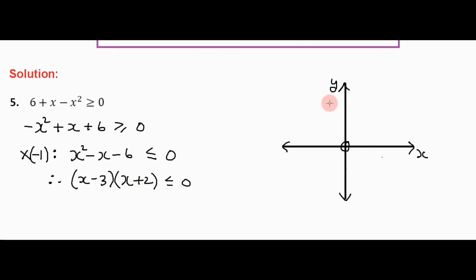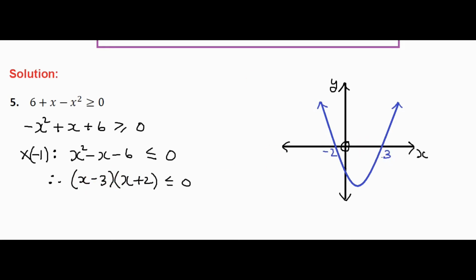So let's draw the parabola. So just a rough sketch. So we said negative 2 and positive 3.